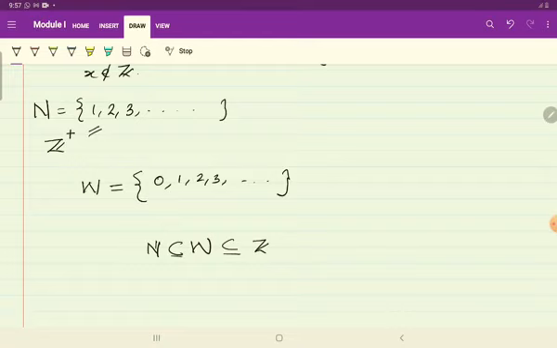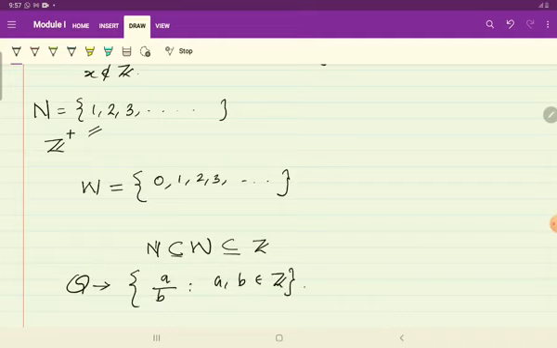And finally there are other numbers, which include rational numbers and irrational numbers. We denote the rational numbers by Q, the set of all numbers of the form a by b, where a and b are integers.